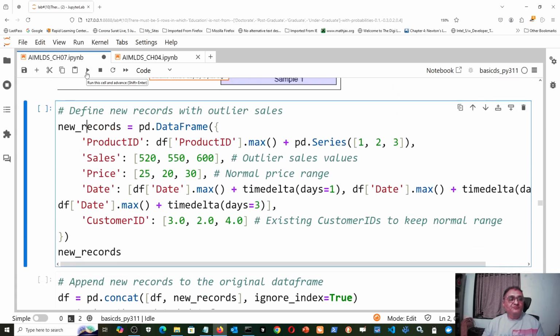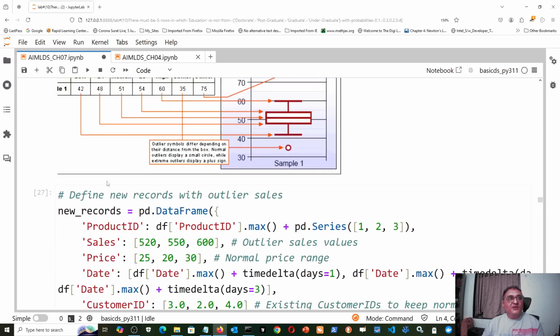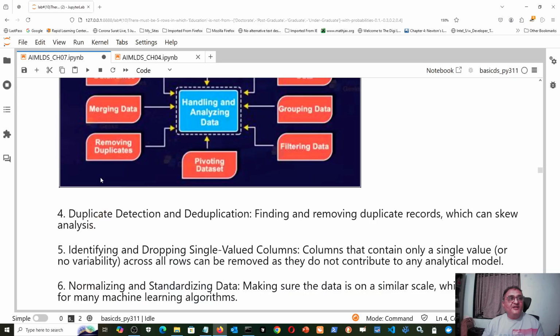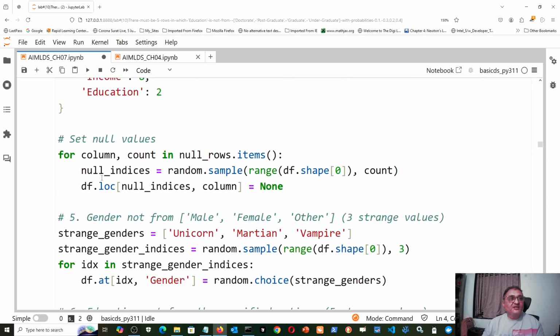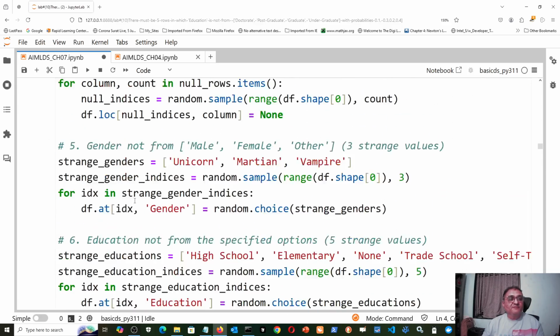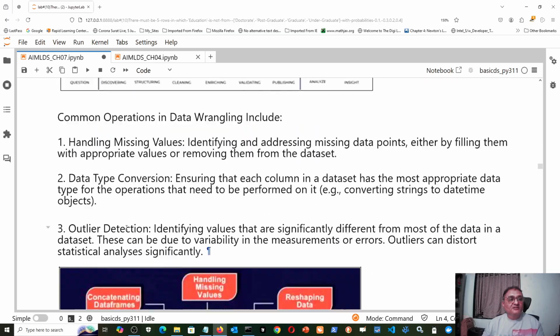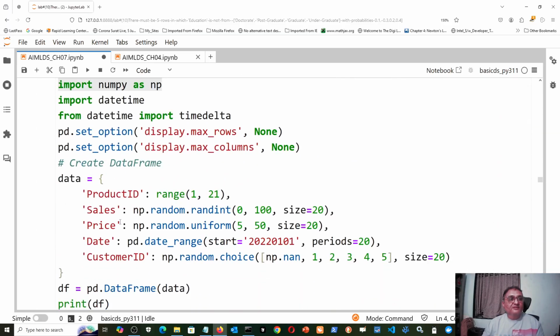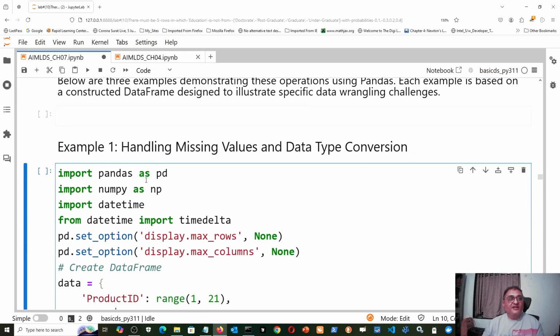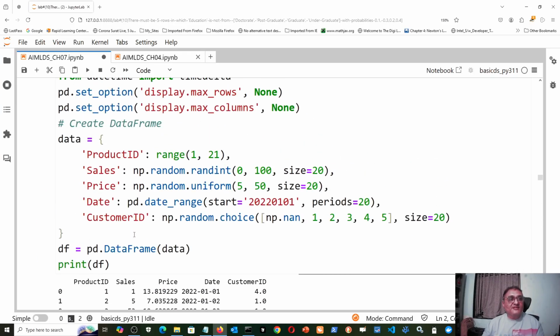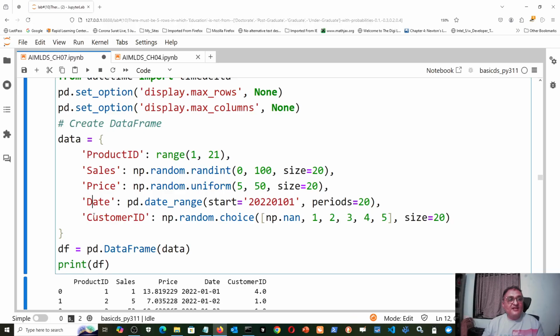So these are three new records, and they are going to be added to my original data frame, which I created earlier for null imputation, handling missing values. That data frame also has the same product ID, sales, price, date, customer ID.